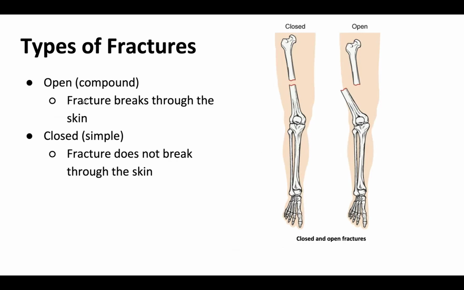An open or compound fracture is the type of fracture that does break through the skin, and this tends to be a bit more severe. However, there are some mechanisms of fracture that can make a closed fracture quite severe as well, particularly if it's affecting surrounding structures. So, just to define, a closed or simple fracture does not break through the skin.